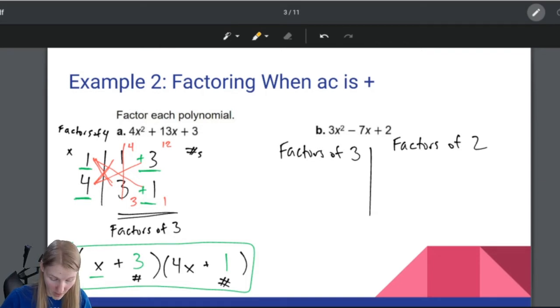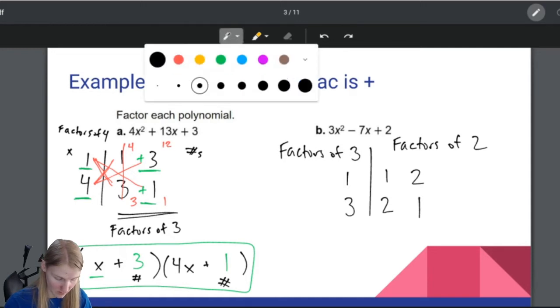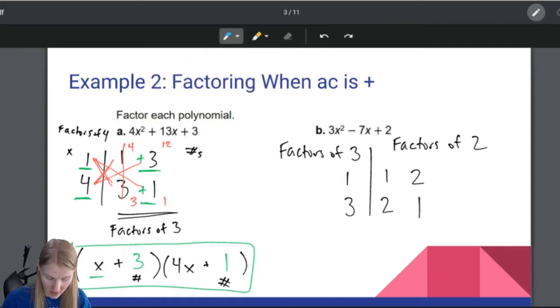Now my only factors of 3 are 1 and 3, and my only factors of 2 are 1 and 2. But remember, I have to write them both ways, because the 1 could go with the 1, or it could go with the 2. We don't know yet. Right, let's get a different color in here. Same thing as before. I need 1 times 2 is 2, and 3 times 1 is 3.